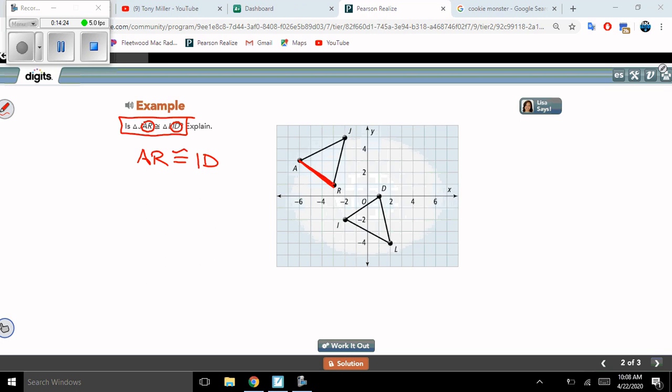Some people are going to be a lot more visual than others. I'm going to actually reflect that across the x-axis. And when I reflect that across the x-axis, that means R prime is going to be located right here. It means that A prime is going to be located 3 apart from here, so A prime is located here.